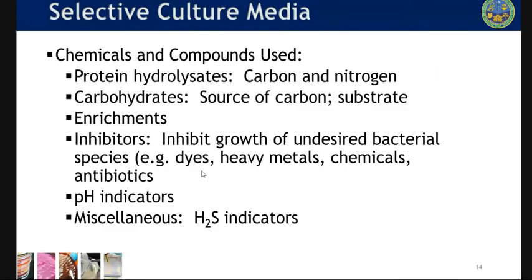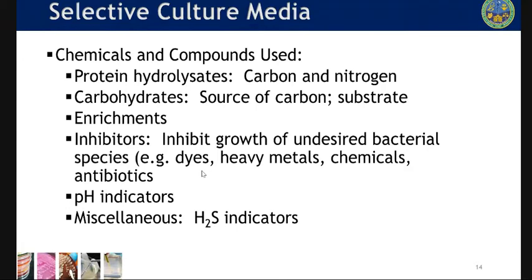Now, for the isolation of the family Enterobacteriaceae, you have selective differential culture media that you may use. The chemicals and compounds used are variable depending on which target you have, but mostly you will have these different components added into one culture media.